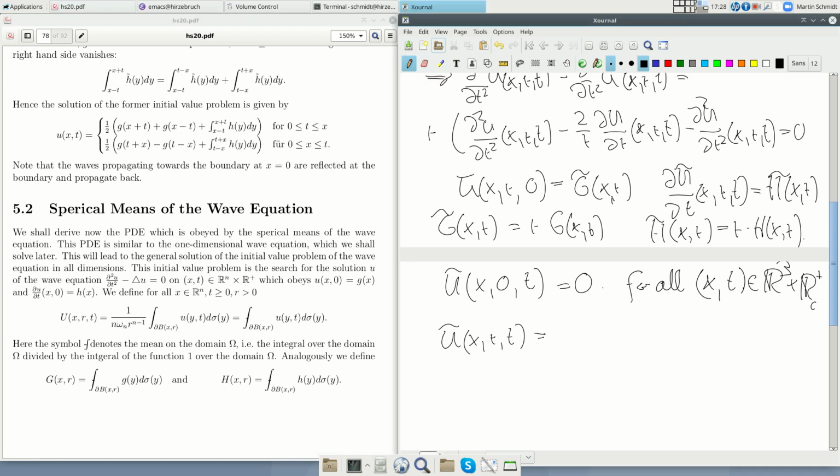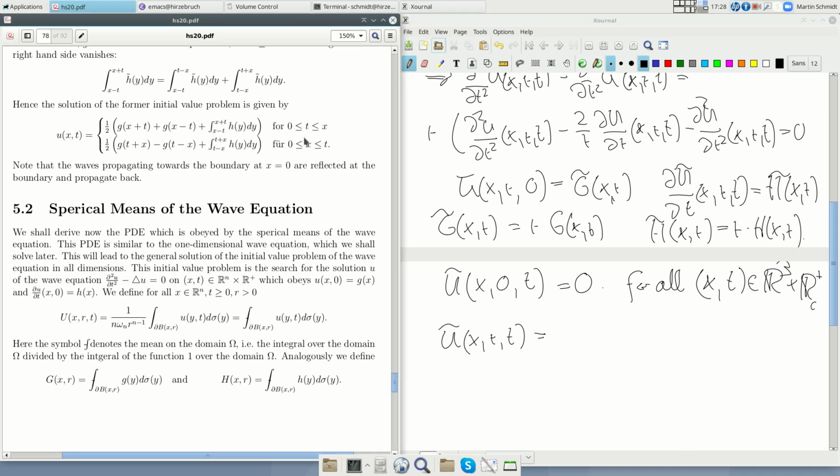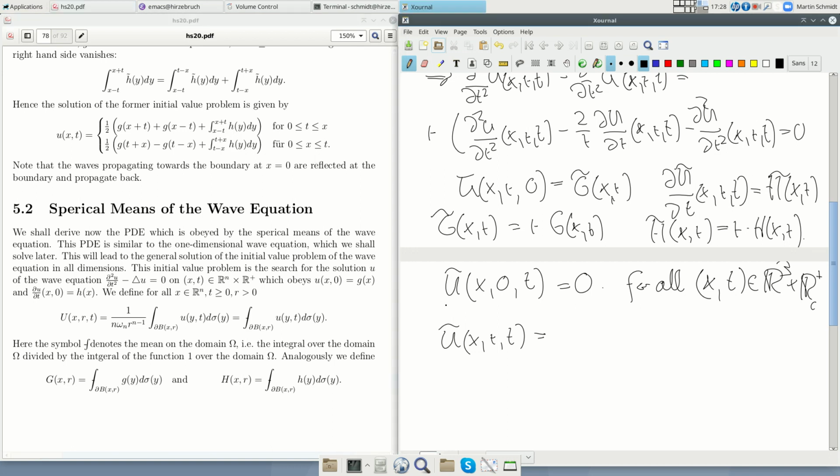Now we are only interested in r smaller than t, and we will see in a moment why we are only interested in this situation.